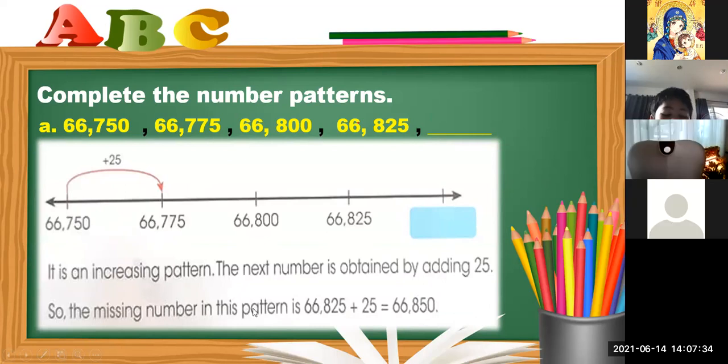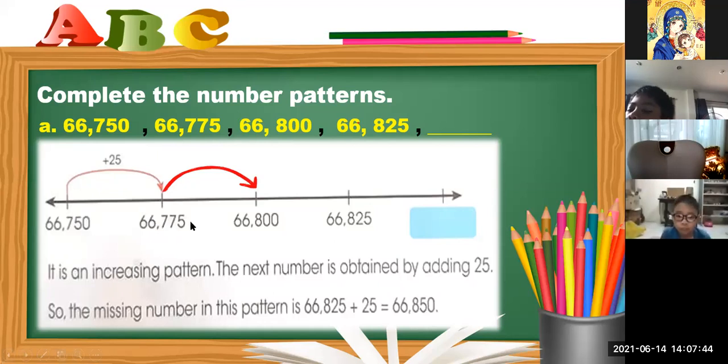So the missing number in this pattern is 66,825 plus 25. Now here, 66,775 plus 25 is 66,800. Now 66,800 plus 25 is 66,825.